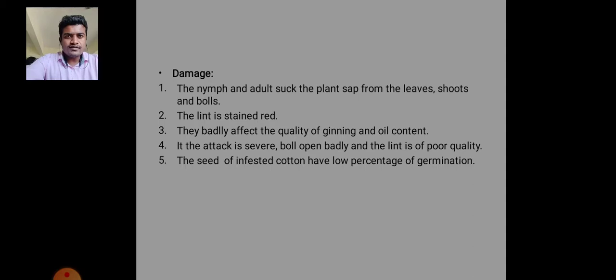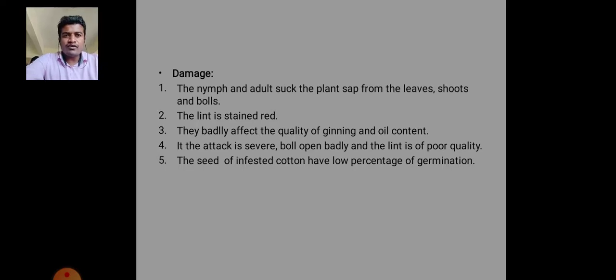Damage. What is the damage caused by the red cotton bug? We will see here. The nymph and adult of the red cotton bug suck plant sap from the leaves, shoots and bolls. This means the whole nutritive material is taken by the red cotton bug, and the plants of the economically important crop don't get the proper nutrition for their growth and development. The lint is stained red.